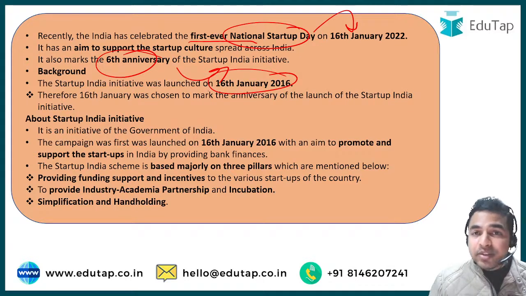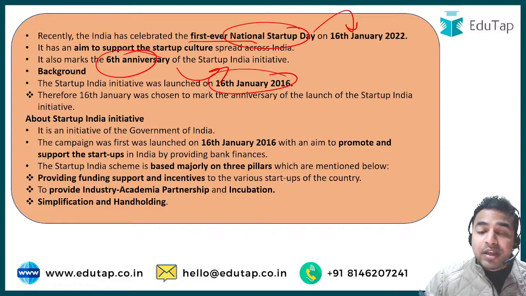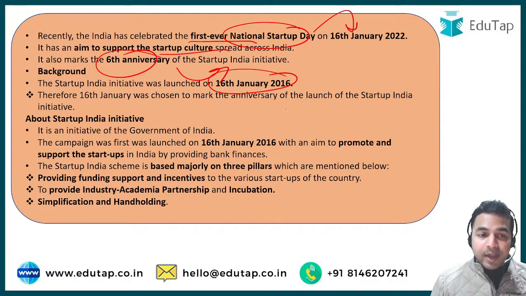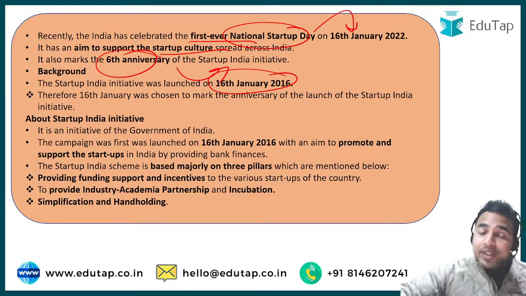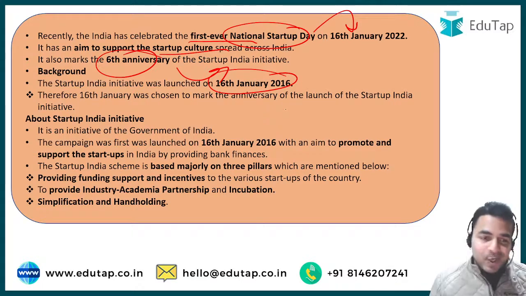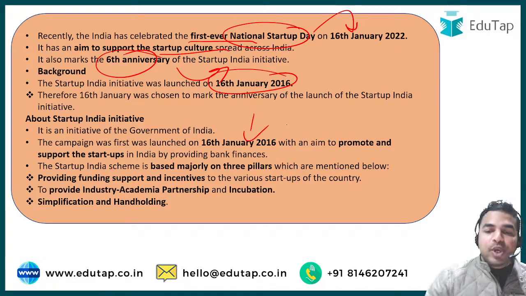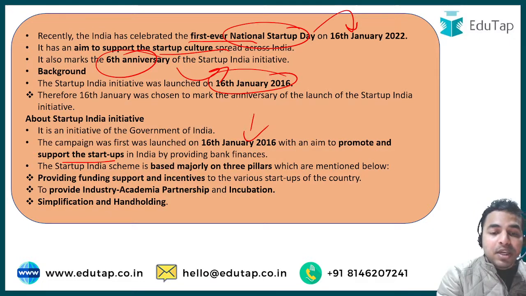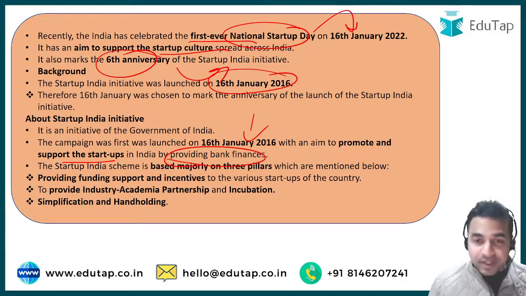And my dear learners, marking the anniversary on this particular day also aims to support the startup culture spread across India. When we talk about the Startup India initiative, whose anniversary has been marked by this National Startup Day, it is an initiative launched by the Government of India, first launched on 16 January 2016 with an aim to promote and support the startups in India by providing bank finances.